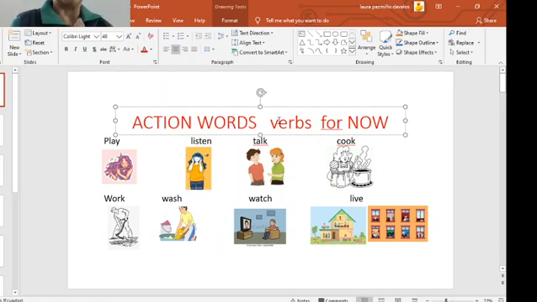Okay, so let's take a close look at these action words because you need to learn them and we are going to work with these words. So let's start. Here we have play, listen, talk, cook, work, wash, watch, and live.